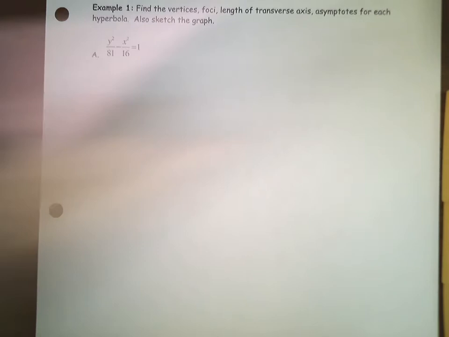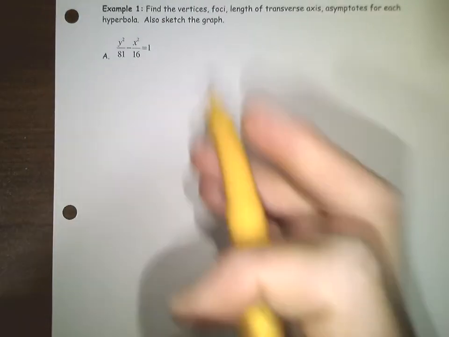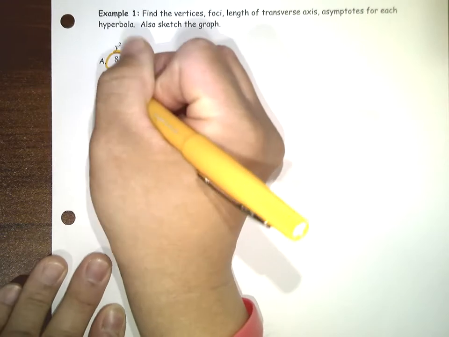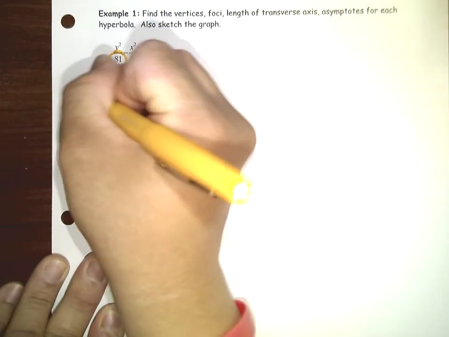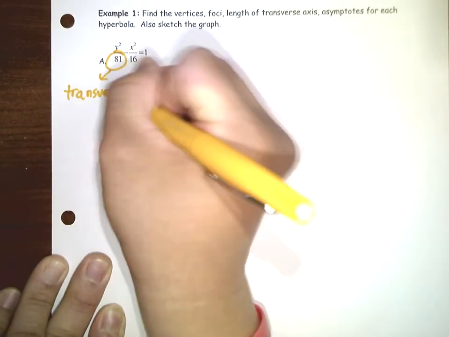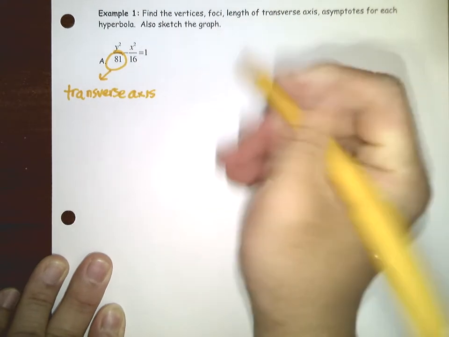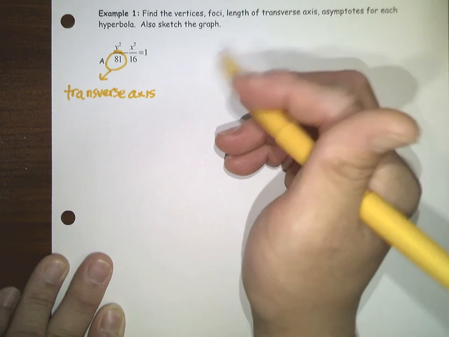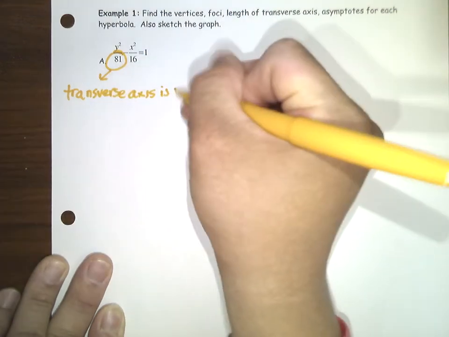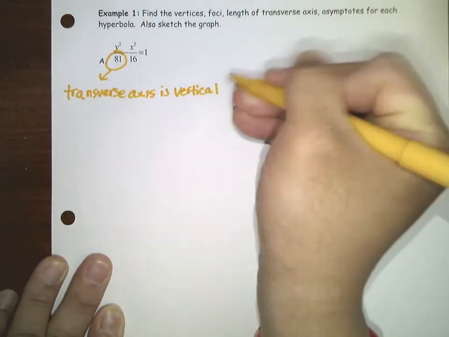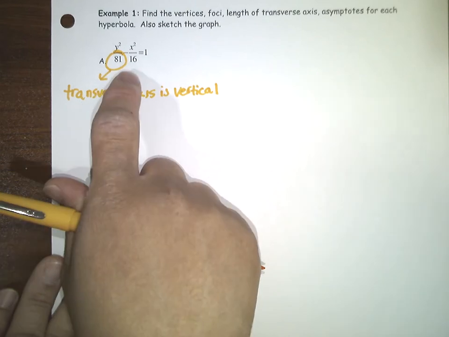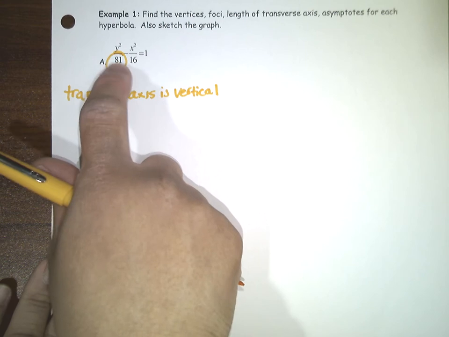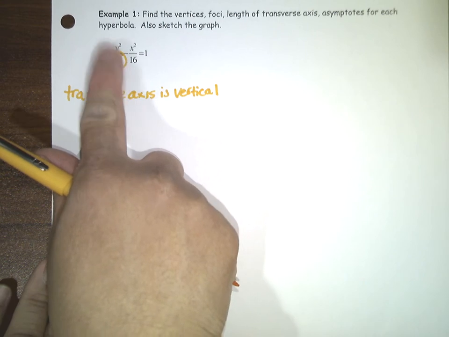So here we see that this is the larger number here under the y squared, so that means that the transverse axis will be a vertical transverse axis. So the transverse axis is vertical because, well, actually, it doesn't really matter if it's a larger number, but it does matter that the y squared was the first variable here.